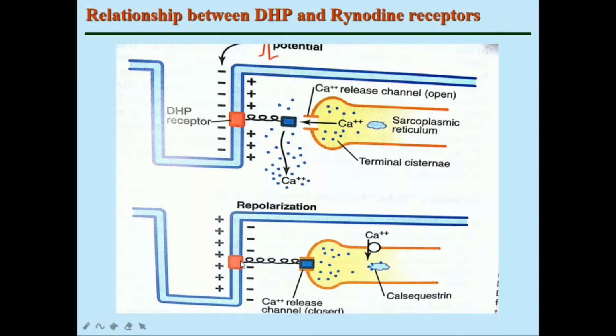and once there is a repolarization and the resting membrane potential is restored, there is no more activation of DHP receptors, so there is no more opening of these ryanodine receptors or the release channels, and then the calcium ATPase that is present in the sarcoplasm is activated.